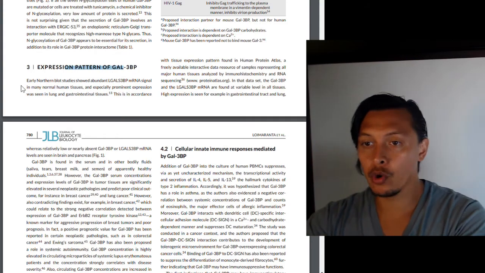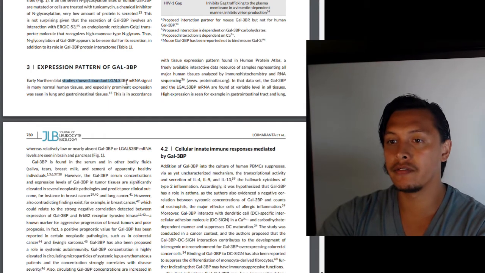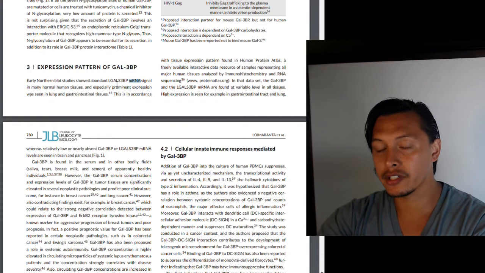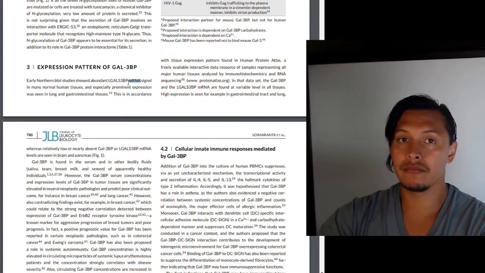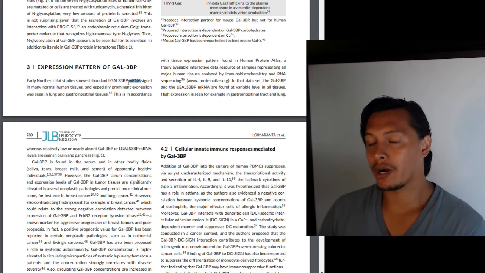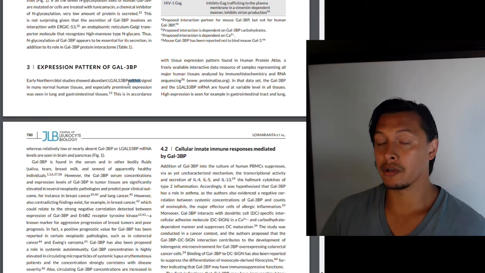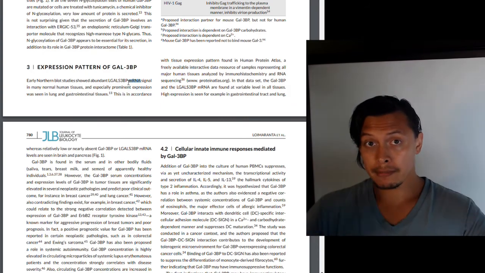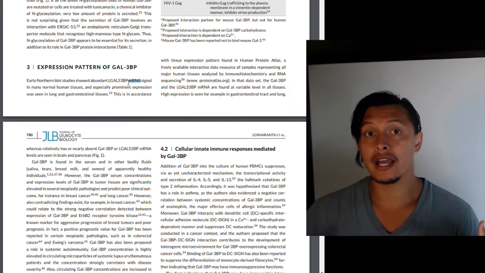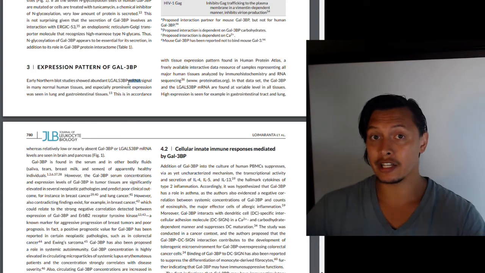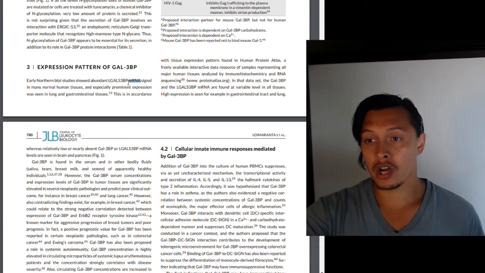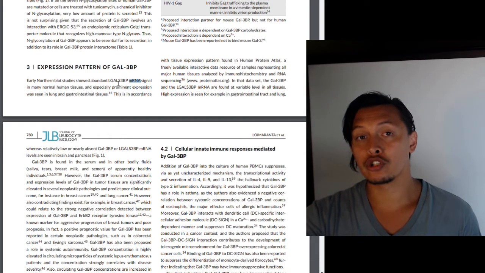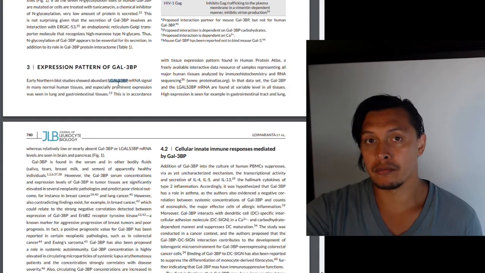So early northern blot studies showed an abundance of the mRNA of the galectin-3 binding protein. As I'll probably repeat over and over again, since it's the central dogma of biology, the DNA gets transcribed into messenger RNA, and then that messenger RNA gets translated into the final protein. So here we're talking about the mRNA that is going to be translated into this galectin-3 binding protein.